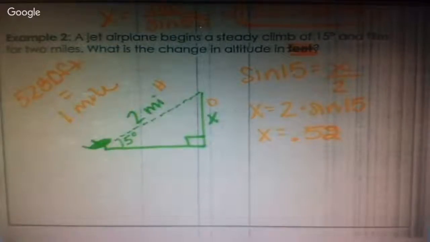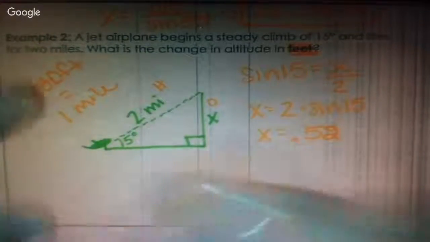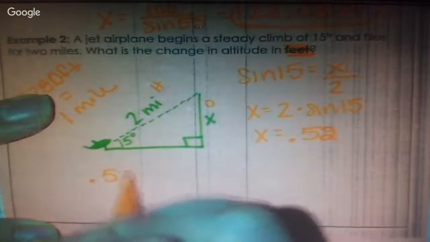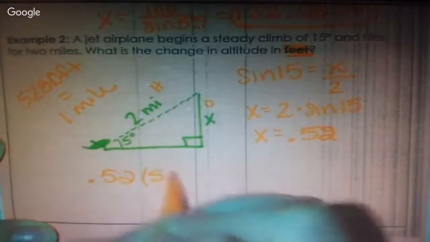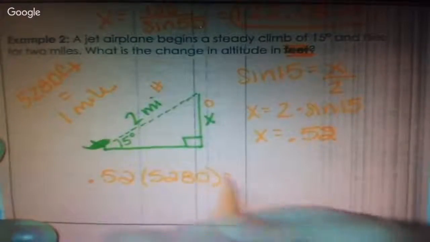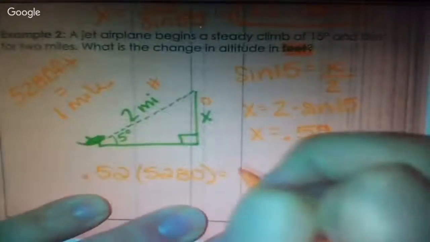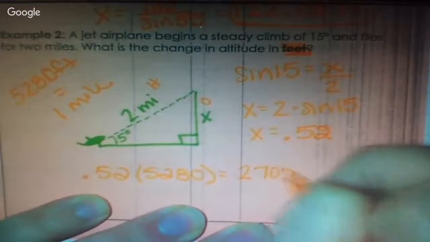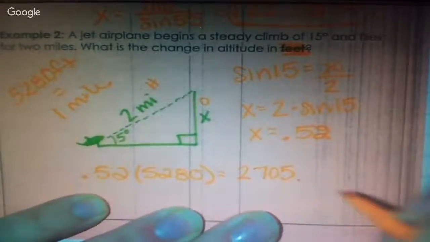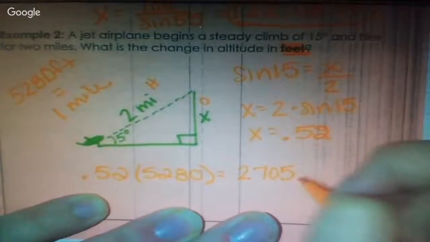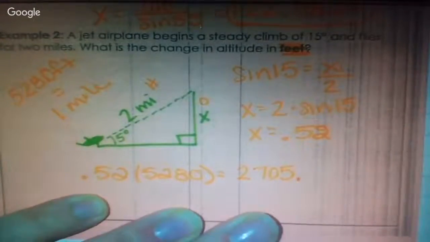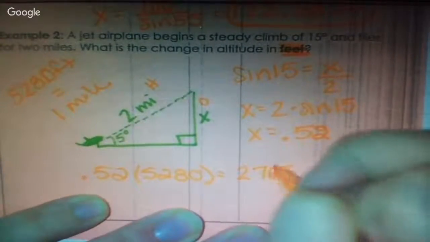Okay, so, good. He just said we would multiply to get the answer. So 0.52 times 5,280 is 2,745. Sorry, my bad.